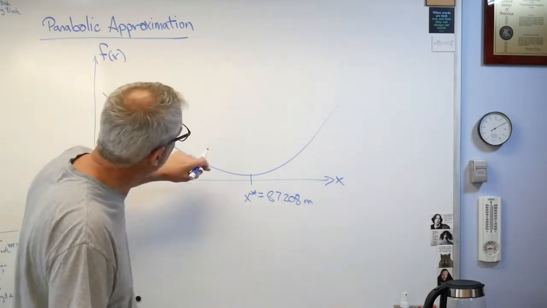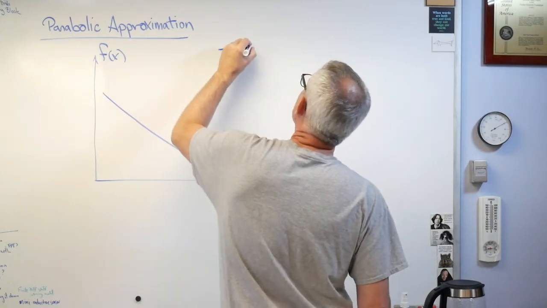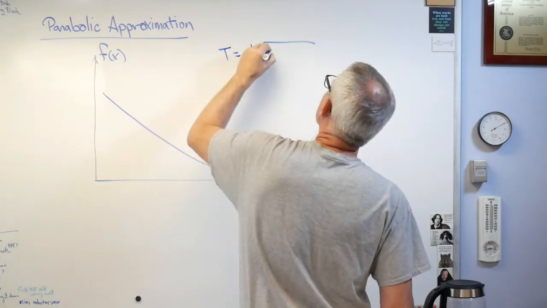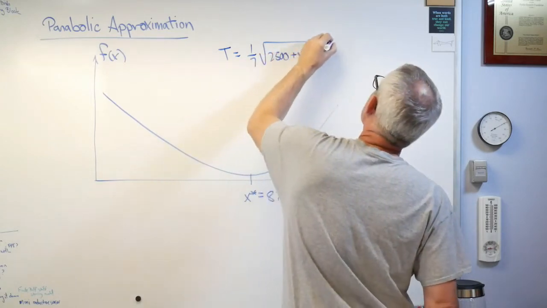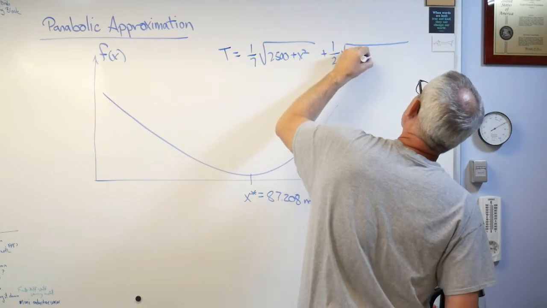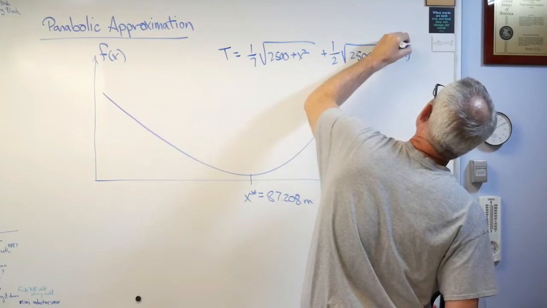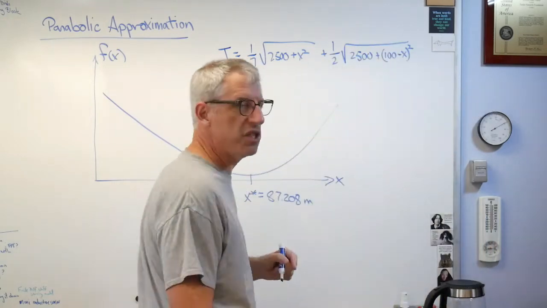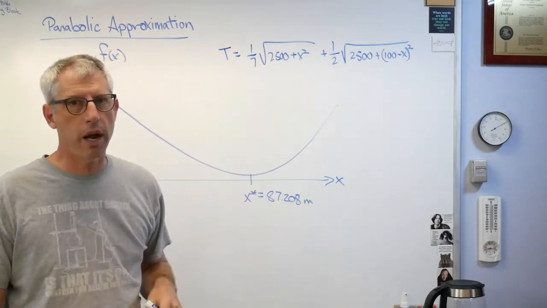So we have an equation, and if you remember, for our variable lifeguard problem, this is the objective function. Okay, and that 2,500 is just 50 squared. So we've got that. Well, that's very much not a parabola.